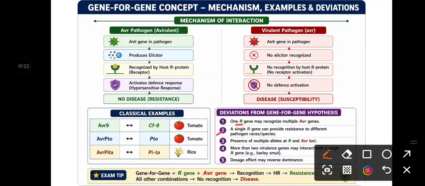The second case is, if a single R gene provides resistance against multiple races or multiple species of pathogen, there also the gene for gene hypothesis fails. Another is multiple alleles for the R gene as well as the AVR loci. Then more than two avirulence genes may interact with the R gene. Then dose effect or additive effect may be there that reverses the dominance. So these are some deviations from the gene for gene hypothesis. Otherwise, this can be applicable for most of the pathogen and host interactions.